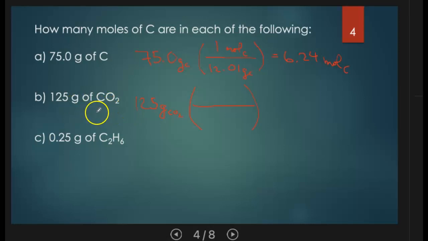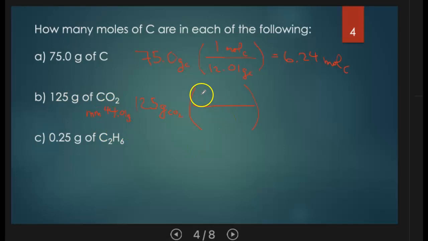Probably not, right? So we know the molar mass of the CO2 would be the 12.01 plus 16 times 2 would be 32. So that's going to be 44.01 grams.